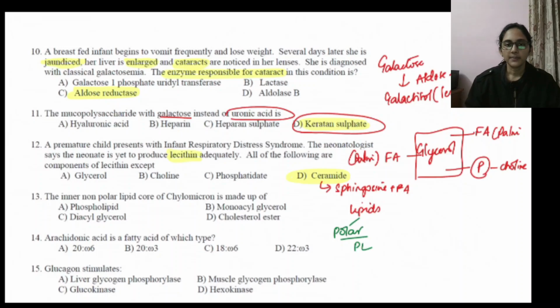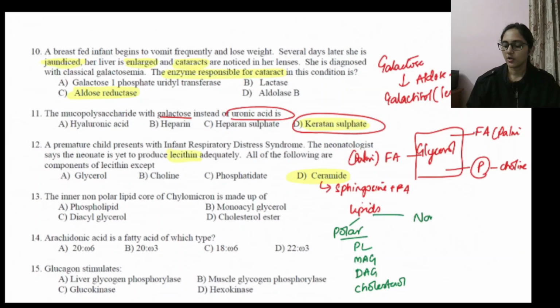Yes, phospholipid, it has a phosphate group, that is the polar group here, and monoacyl glycerol. Monoacyl glycerol, you just have a fatty acid attached to only one carbon of the glycerol, so other two will have the OH group, so it can be polar. Diacyl glycerol also in the same way, and also cholesterol because it will have the OH group.